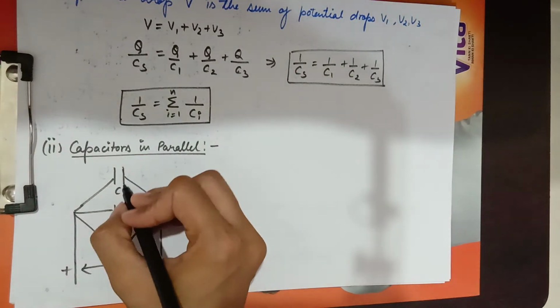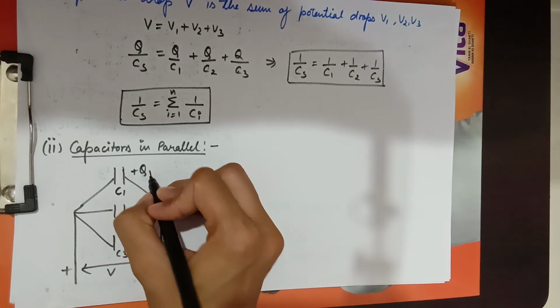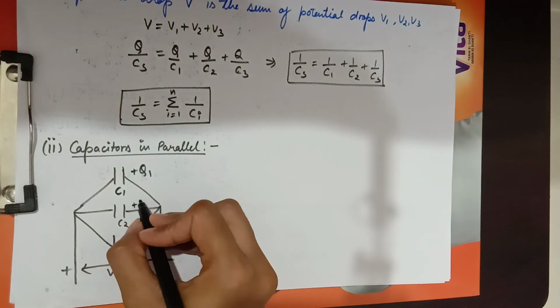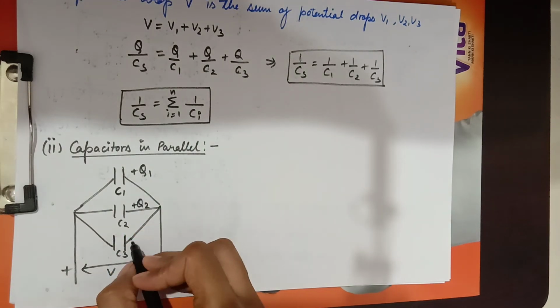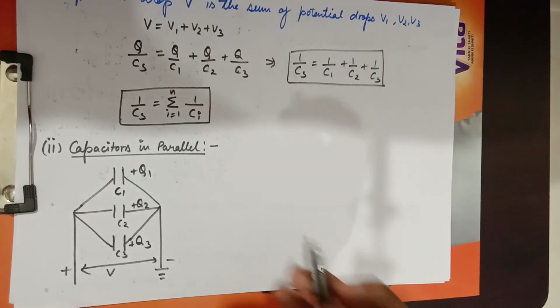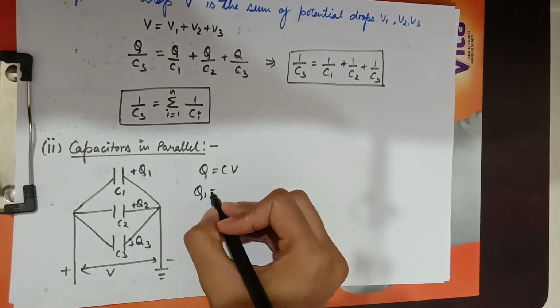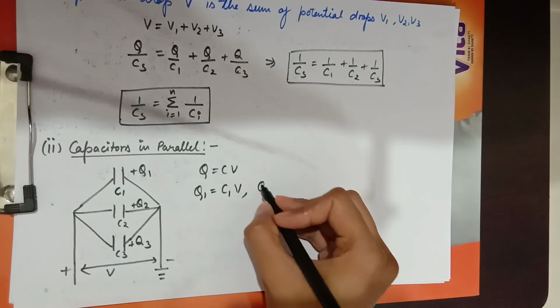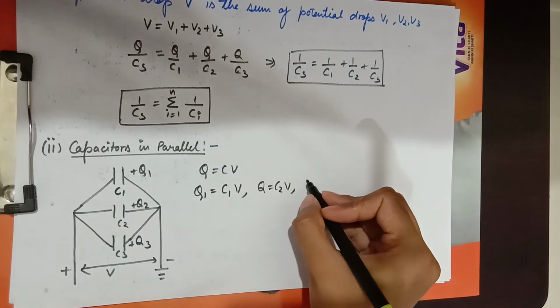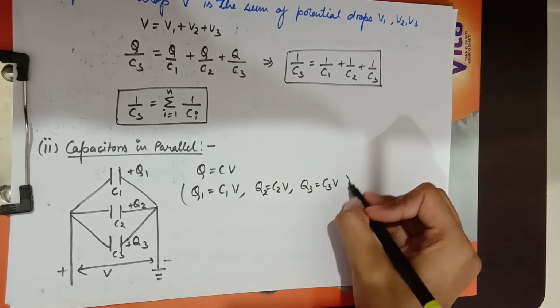Let's say the capacitor C1 stores a charge plus Q1, the second capacitor stores a charge plus Q2, and the third capacitor stores a charge plus Q3. Again, from the formula Q equals C into V, I can write Q1 is equal to C1 into V, Q2 is equal to C2 into V, and similarly Q3 is equal to C3 into V. This will be equation number 1.